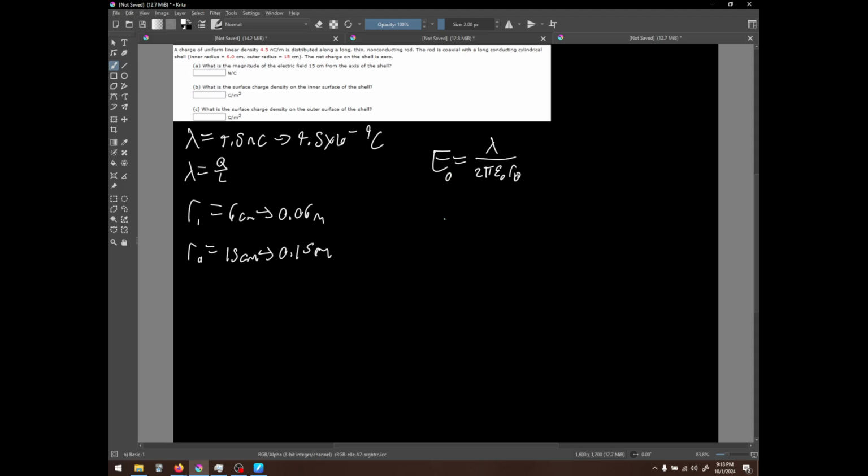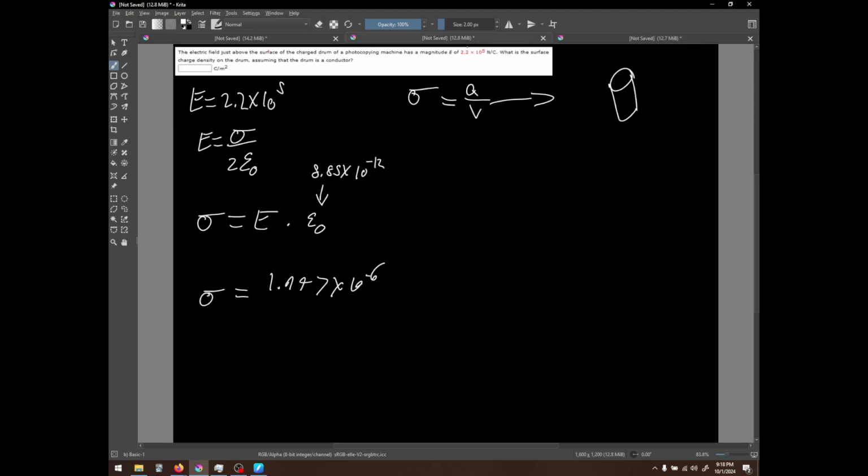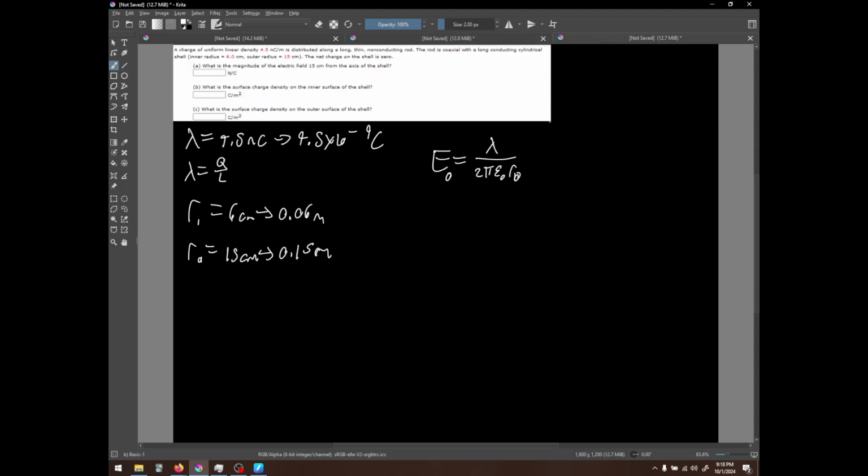It's just for what the surface charge density is on the inner surface. Oh boy, last question just talked about surface charge density. Surface charge density equals E times epsilon 0.